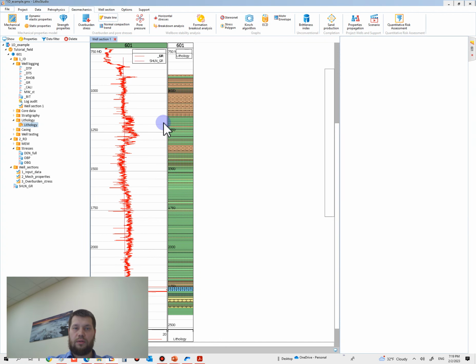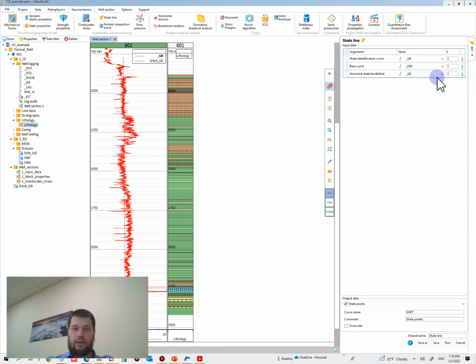Then open Shale line master. As a shale identification curve we will select gamma ray. As the base curve we will take DTP and assume the shale border line.